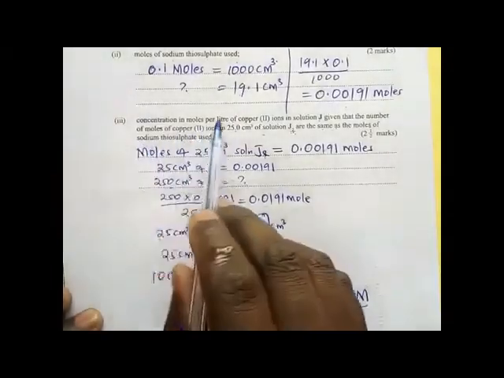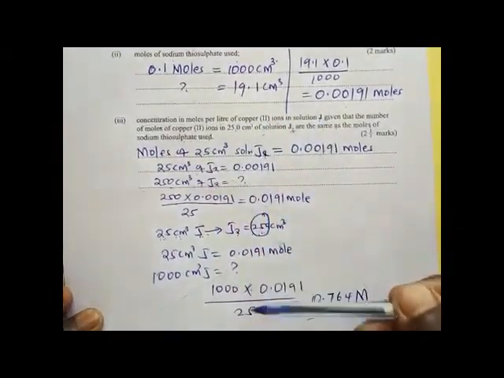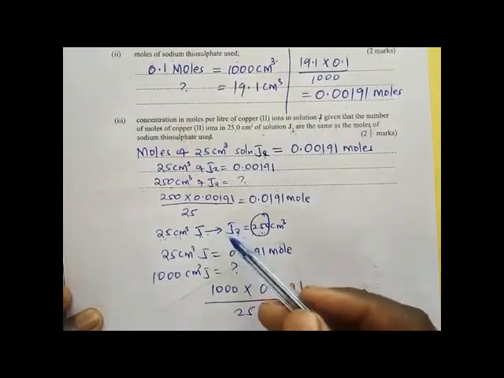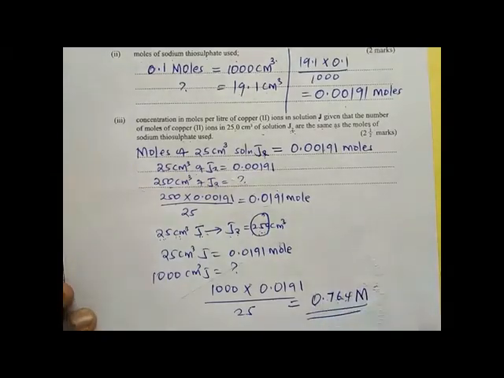We know the concentration of copper 2 ion solution J from the previous calculation. We know the concentration of J, which is 0.764. This is the number of moles in 1 liter. So we are going to ask, if this is the number of moles in 1,000 centimeters cube, what will be the number of moles of 20 centimeters cube of the copper ions?